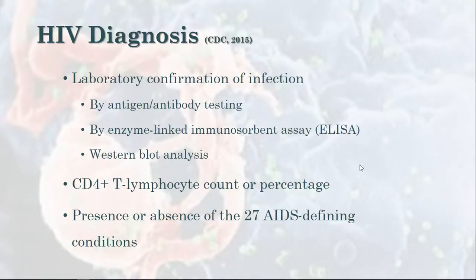So HIV diagnosis is done by a laboratory confirmation of the infection, either by antigen or antibody testing, or enzyme-linked immunosorbent assay, ELISA. A Western blot analysis is also conducted to confirm that someone has HIV.